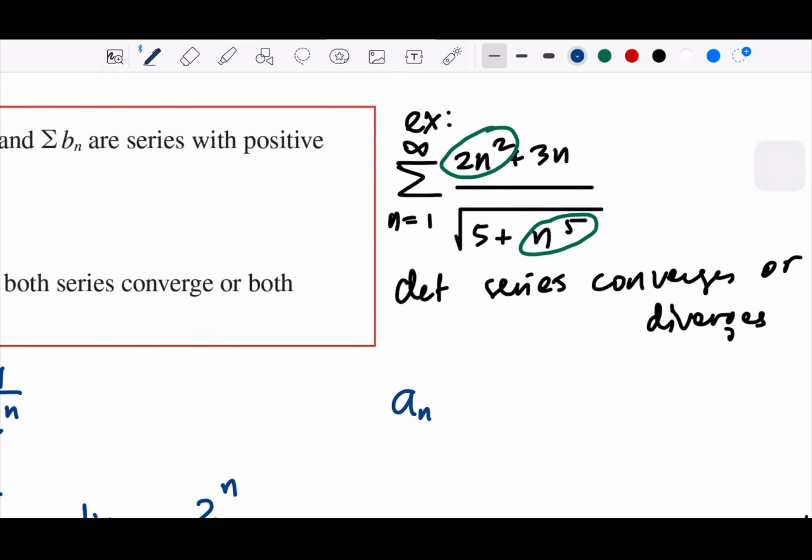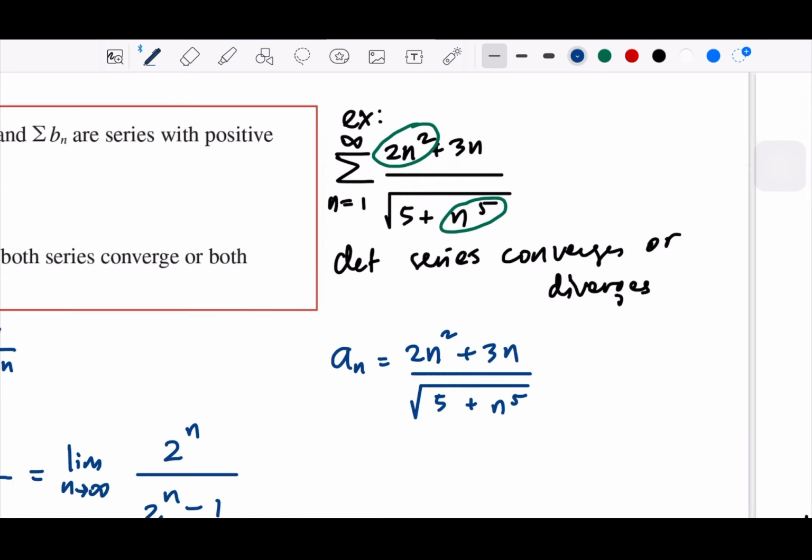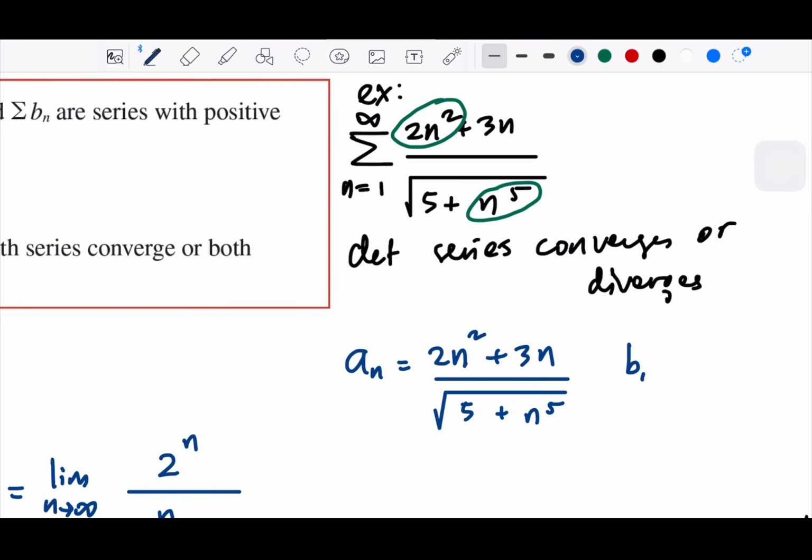or maybe we take the a. Let's say a_n is that part, so 2n squared plus 3n, okay, and then over the square root of 5 plus n to the power 5, right? And then let's imagine we have a b_n that is going to be 2n squared and n with the power of 5/2, right?